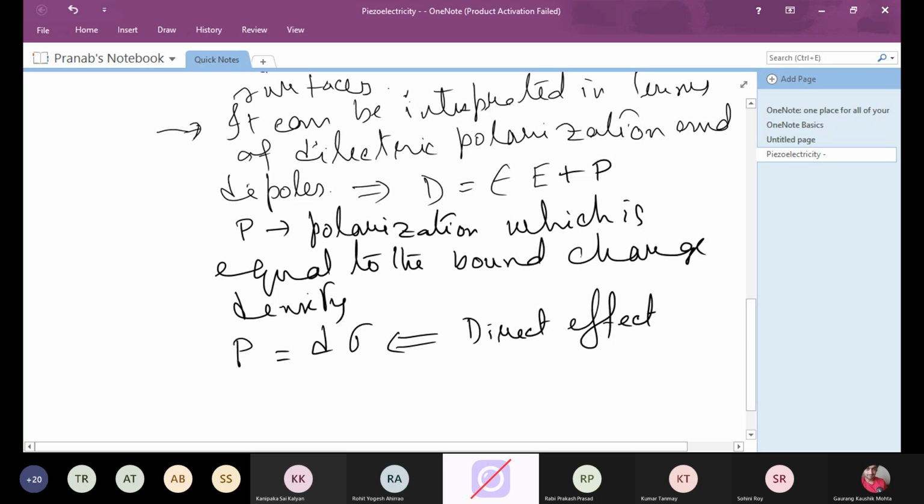So P equal to d into sigma. d is the piezoelectric coefficient tensor, which is simplified as a matrix. And sigma is the stress.